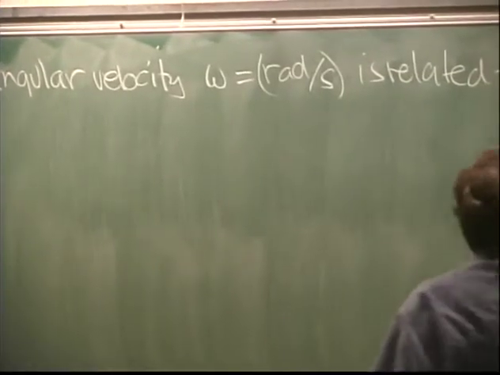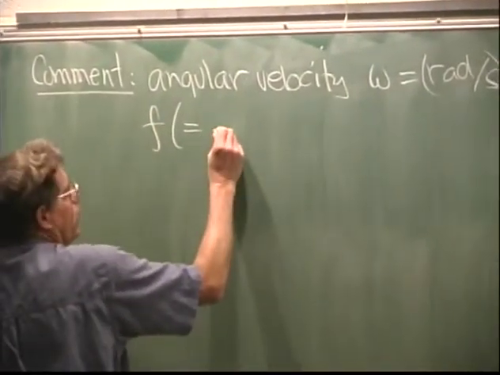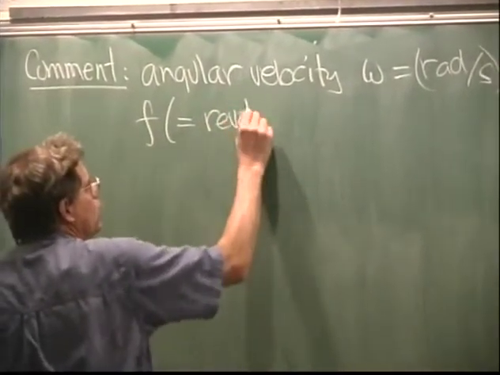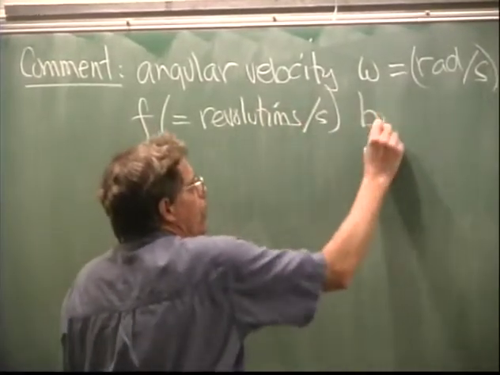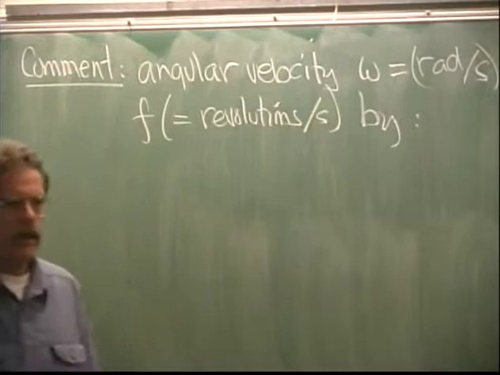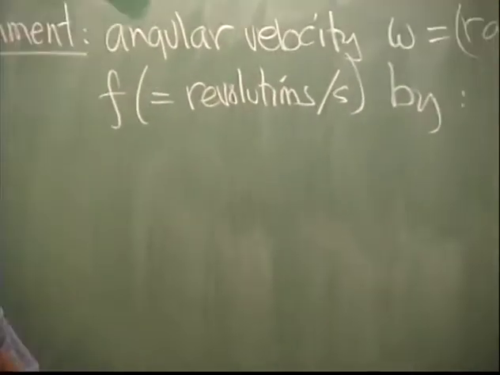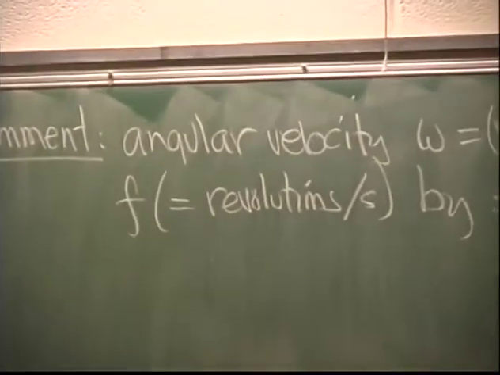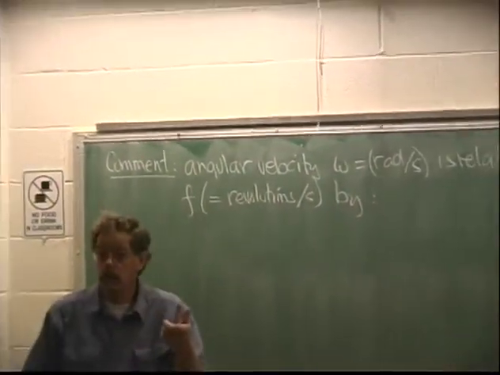Angular velocity is related to frequency, which is f, equals revolutions per second. What is the connection? Let's see. I always get the 2 pi in the wrong place. Frequency is the number of revolutions per second. There are 2 pi radians in one revolution.